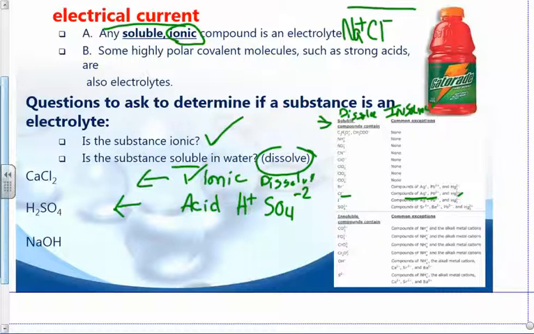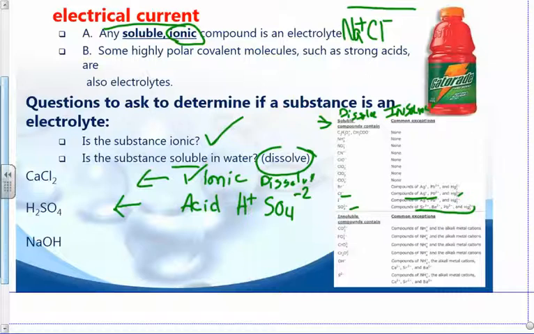It's not covalently bonded. So we can take a look at that SO4, that sulfate. Is it in a soluble situation? Yep. It dissolves in water, except when it has a connection with these. So yeah, this one is also going to dissociate in water as well.